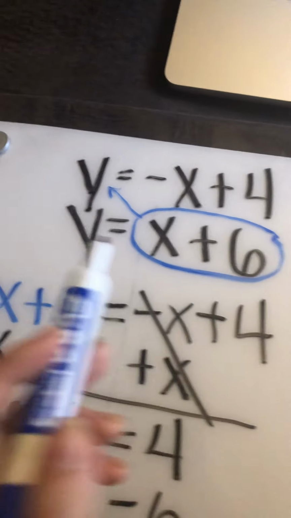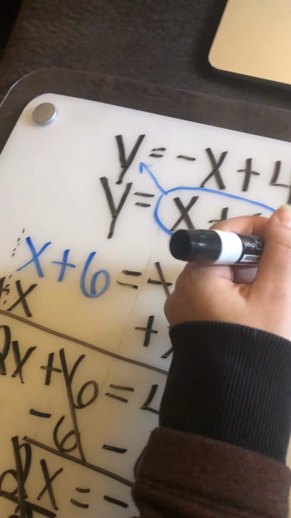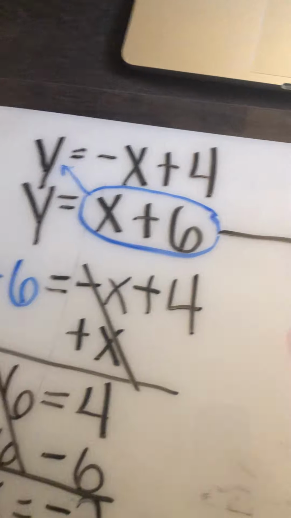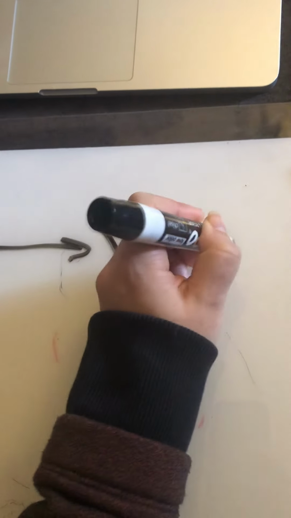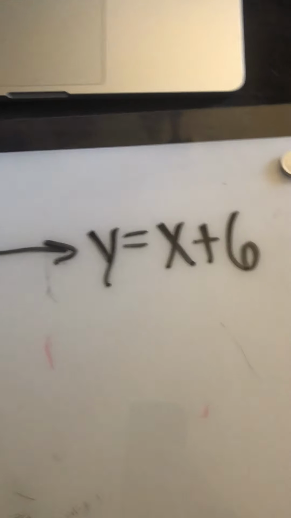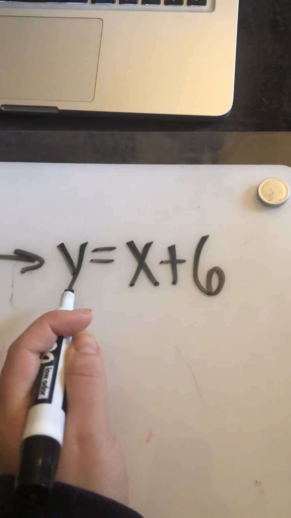I'm going to pick this one just because x doesn't have a negative and I don't usually prefer negatives. So I'm going to rewrite this equation over here. I'm going to write y equals x plus 6. And because I now know what x equals, x is -1, I'm going to plug it in for x to figure out what y is.